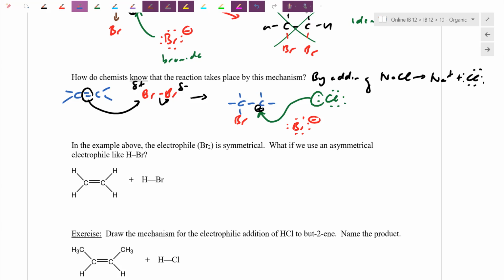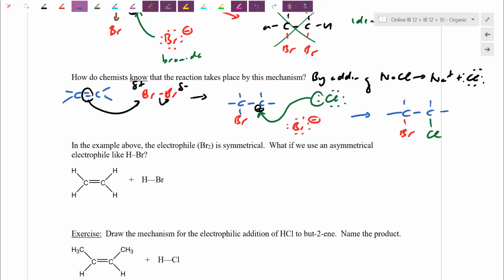And when I test for the compound, because I end up finding some asymmetric compounds here, I have a Br attached to one and a Cl attached to the other, I realize that this is the mechanism. Not necessarily taking place in two steps. This could all be happening in one succession, but at least this happens first and then another thing happens.